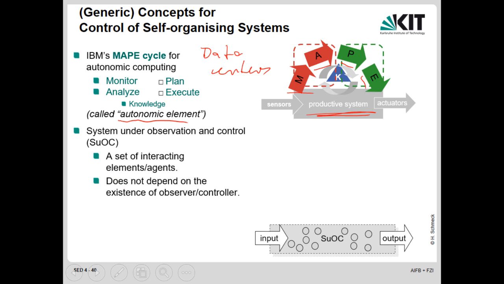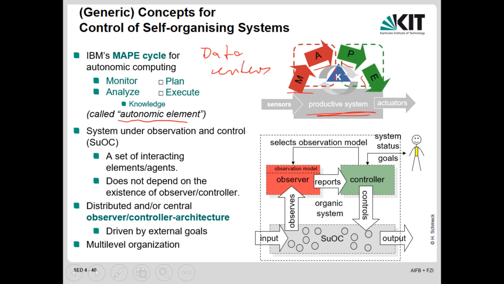So there we have a system under observation and control, for example the energy system or a traffic light or whatever you would like to look at, a set of interacting elements. This can operate on its own, but it can improve its performance by having that observer and controller. We observe what's happening and make some analysis.